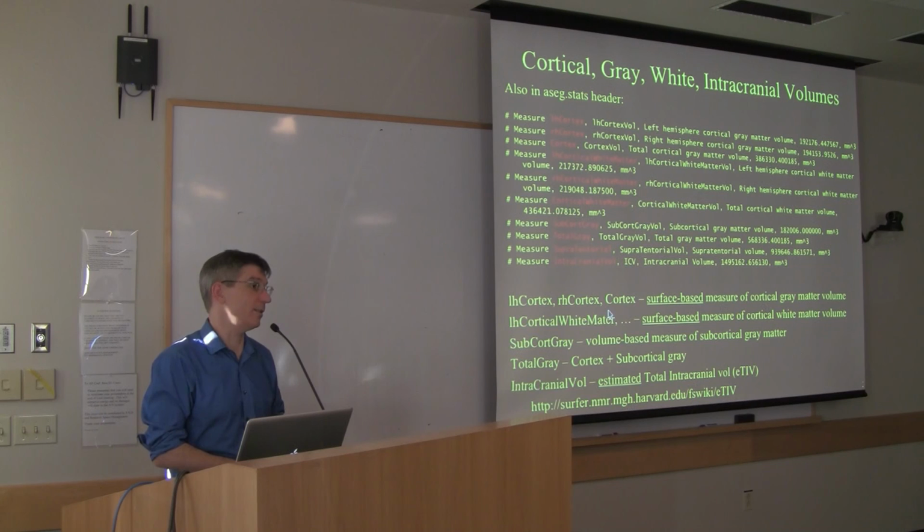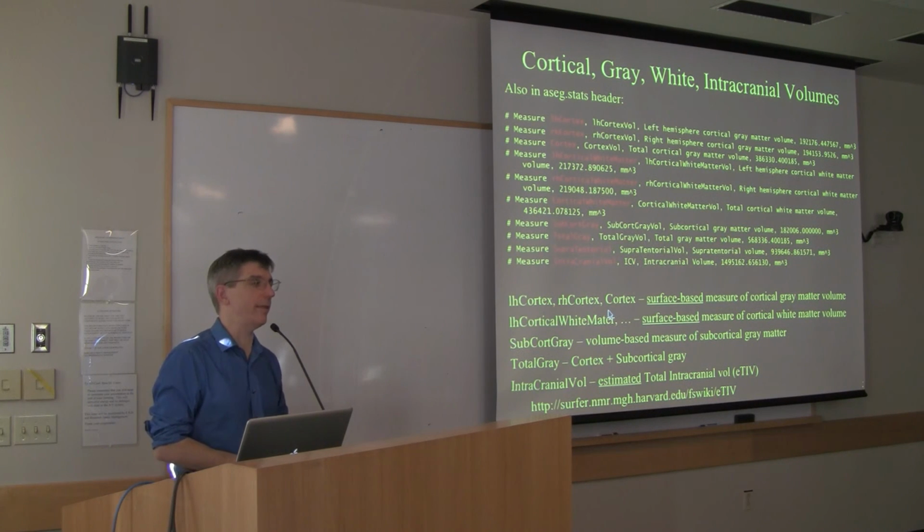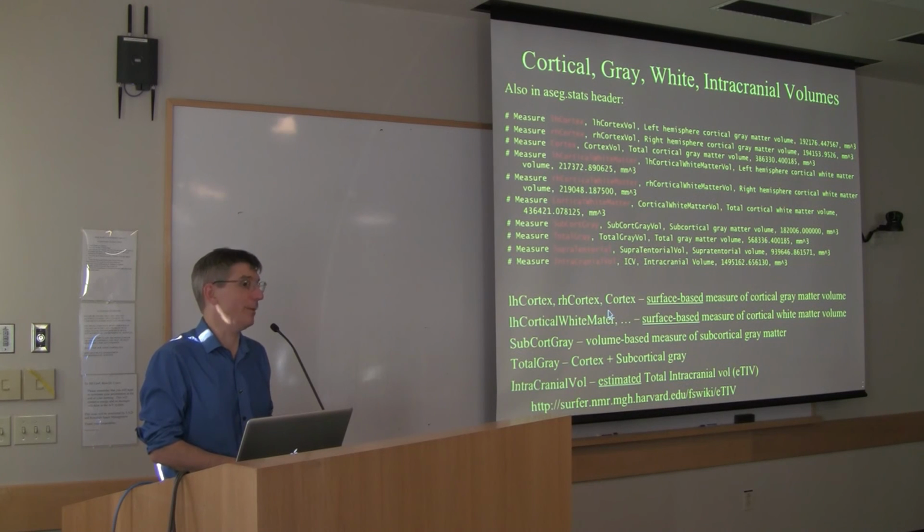So you'd have to use a CT scan, and then you could find out where the skull is. If you had a CT scan, you could count the number of voxels inside of the skull, and that would be your intracranial volume. We cannot do that in MRI. So we have to resort to inferior methods.